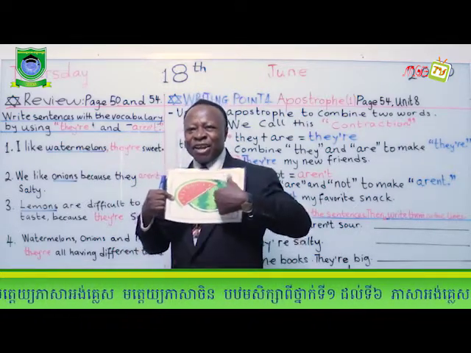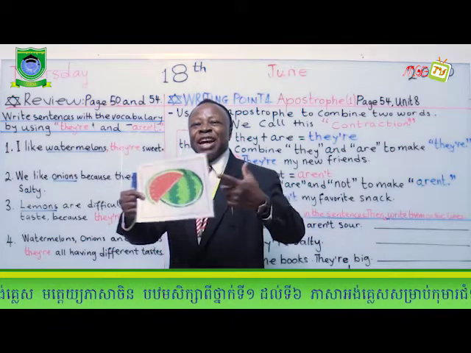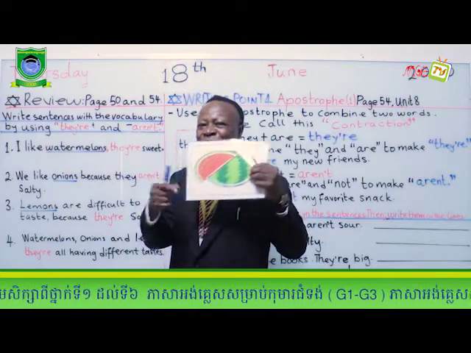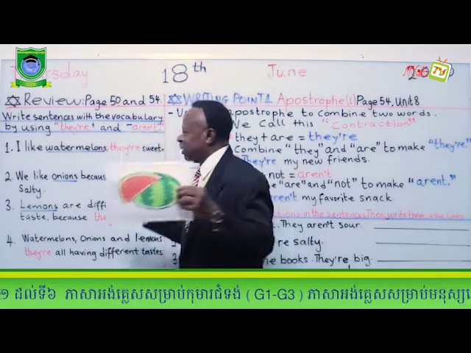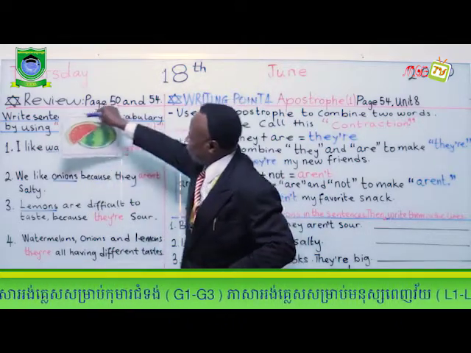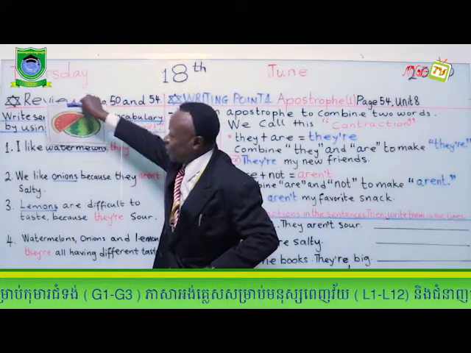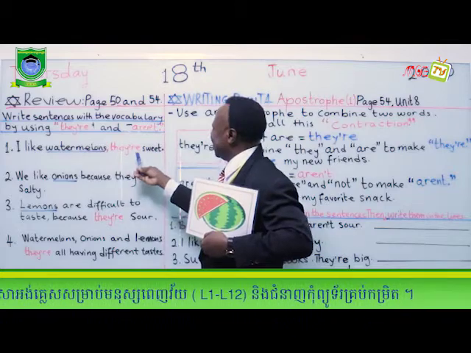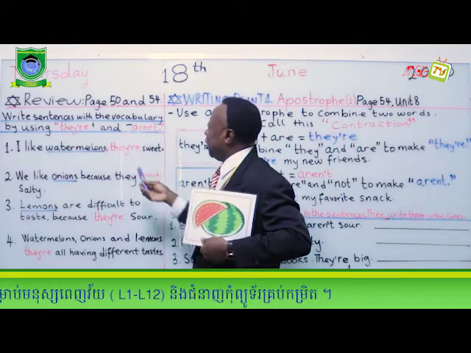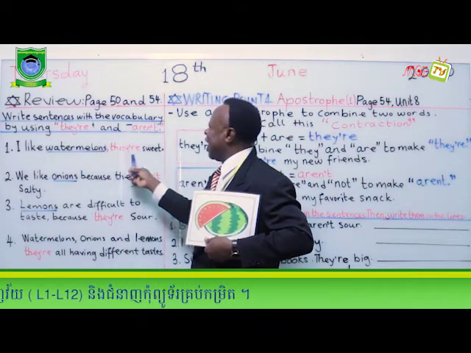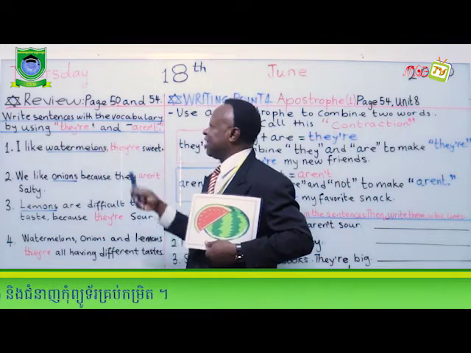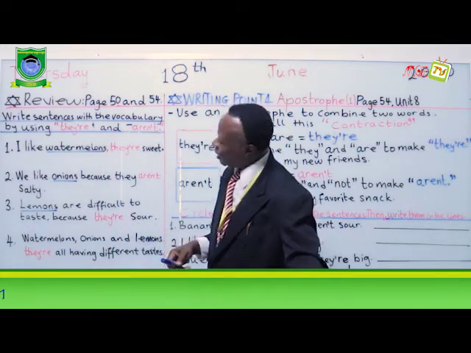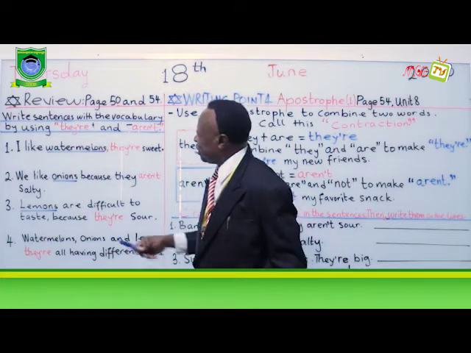So this is watermelon. Now we've used they are in this sentence. It's enough. So next, sentence number two.